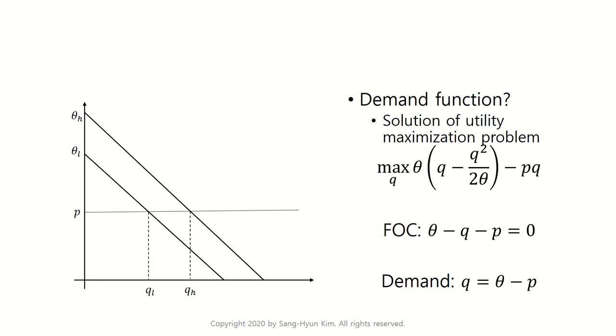The slope is -1, and the intercept is either theta L or theta H. The high demand type consumer demands more, so the high type's demand function is drawn outside of the lower type's demand function. And for given price P, the quantity demanded is just QL or QH.